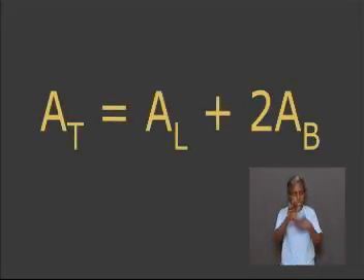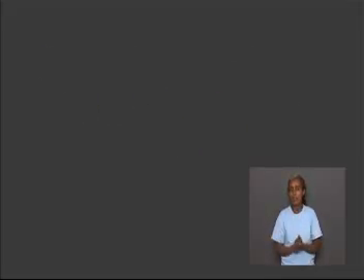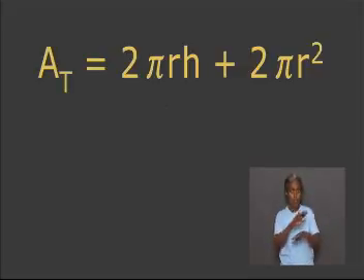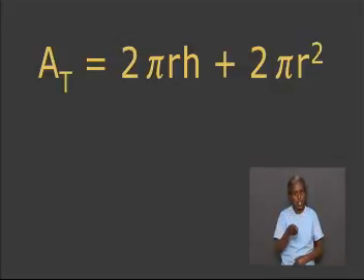To find the total surface area, we must add the area of the upper and lower base to the lateral surface area. This is where our equation for finding the area of a circle comes into play. The equation for total area, or A sub t, is 2 times pi times radius times height plus 2 times pi times radius squared.